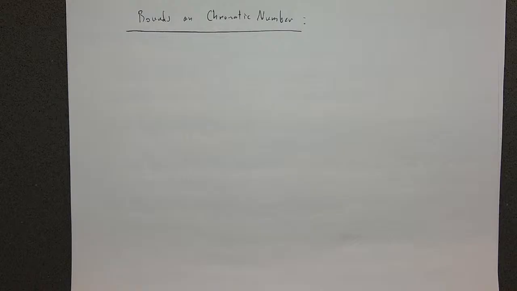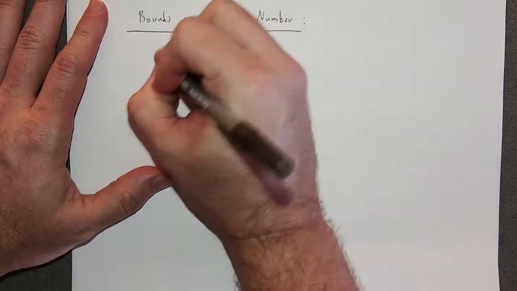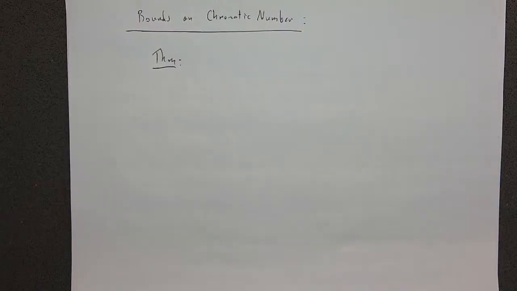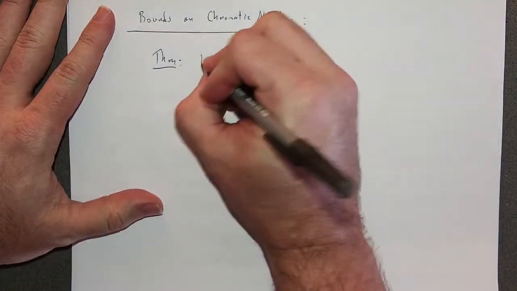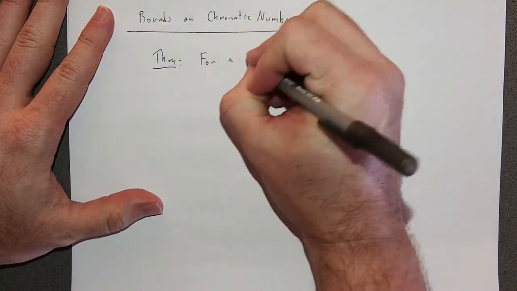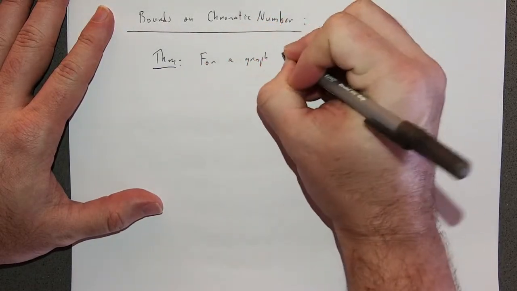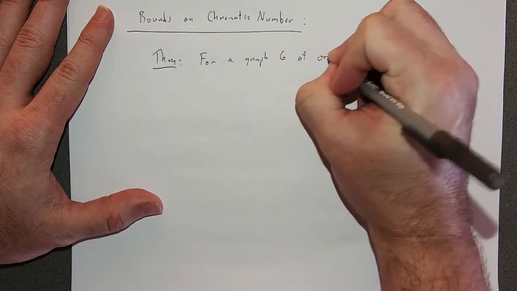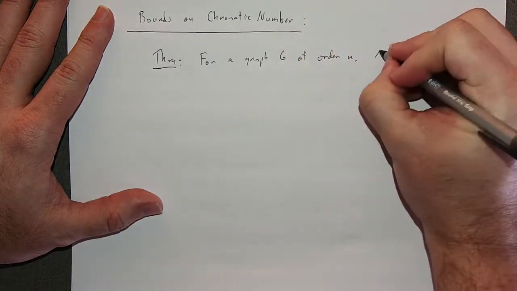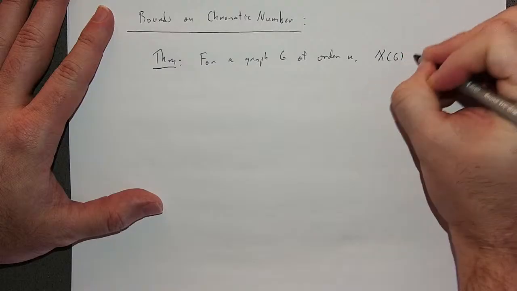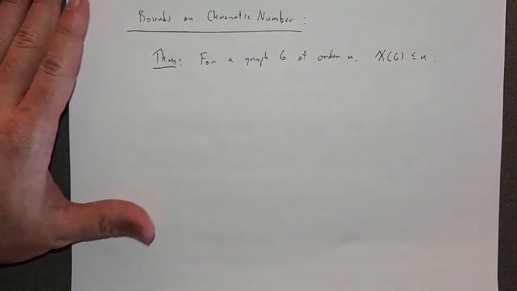So we want to think about one fact inspired by what we noticed about the complete graph on n vertices: for a graph G of order n, the chromatic number of G is less than or equal to n.